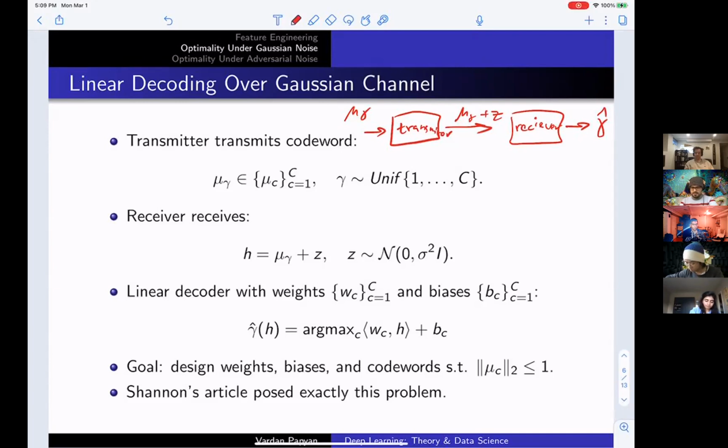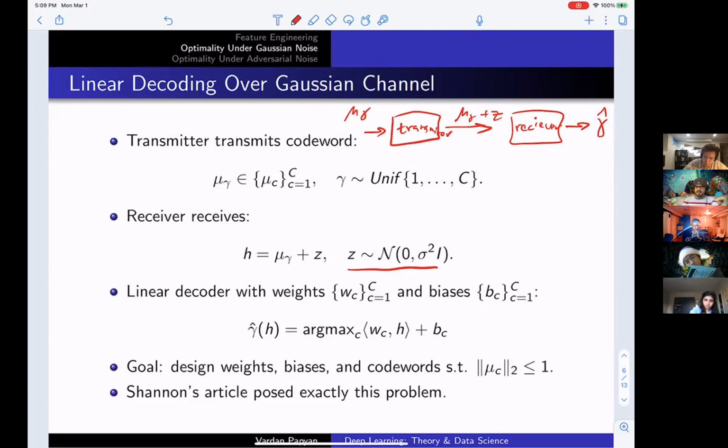Now, we're assuming here that the noise is what's called white Gaussian noise, i.i.d. white Gaussian noise. Now, imagine that the receiver is lazy and restricts themselves to a linear decoder with certain weights and biases.